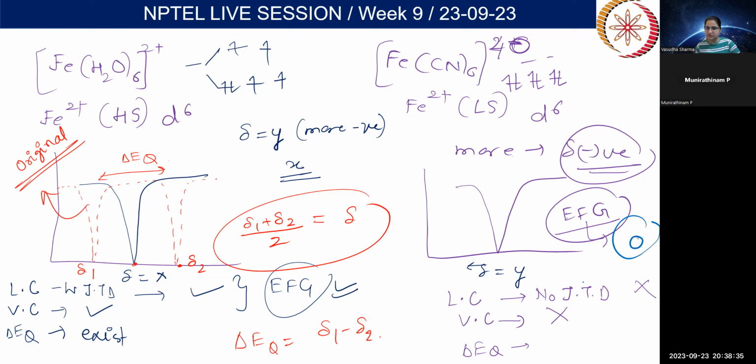Once this factor is 0, there is no point asking whether delta EQ would be there. Delta EQ is nothing but the splitting difference, so that is also 0. There won't be any splitting of this peak. It will come as this one peak only. No splitting.